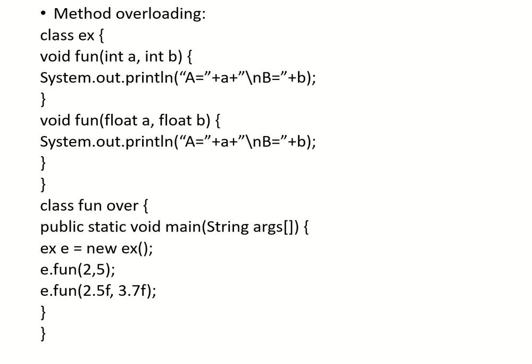This is an example for method overloading. Here is a void function with int a comma int b. Then one more void function with the same name, with two parameters, float a comma float b.